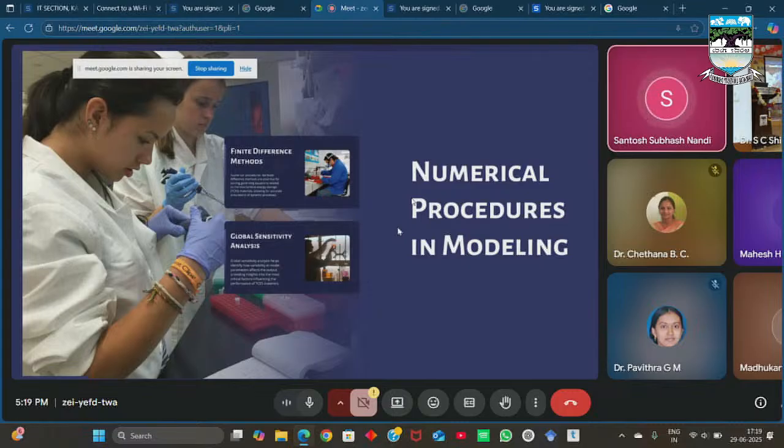So if you know all these three parameters, such as thermodynamic principles, kinetic behavior of the materials and the system, and numerical procedures in modeling, one can build a device which can give a high performance and also long-term durability.